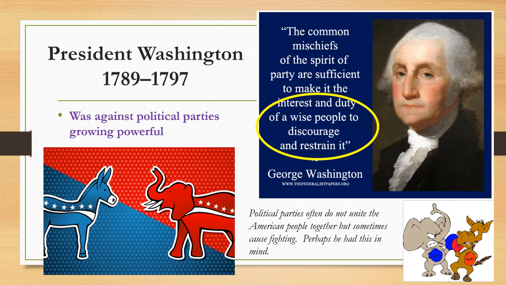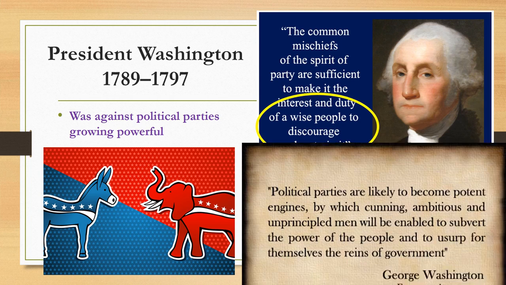The first quote is about political parties, and he says, "The common mischiefs of the spirit of party are sufficient to make it the interest and duty of a wise people to discourage and restrain it." Political parties often do not unite the American people together, but sometimes they cause fighting.